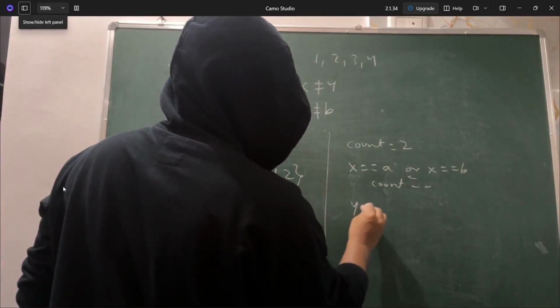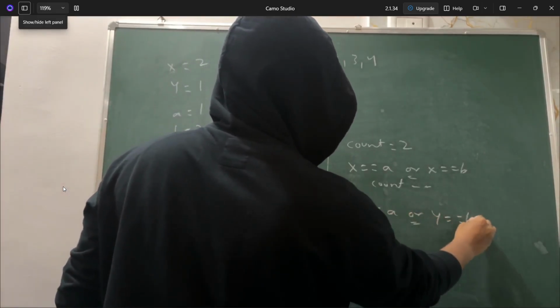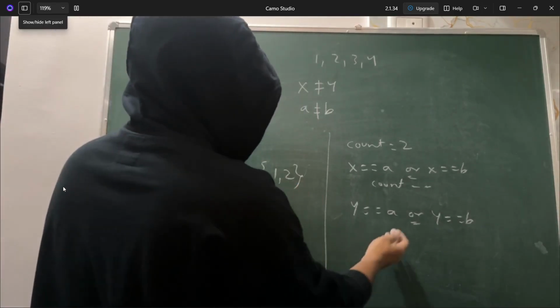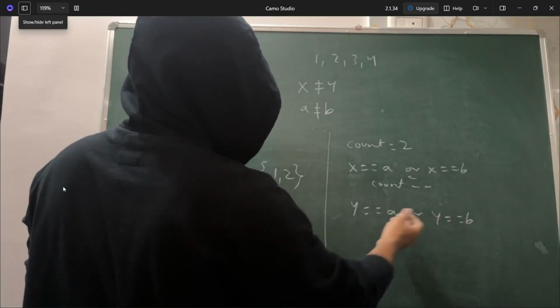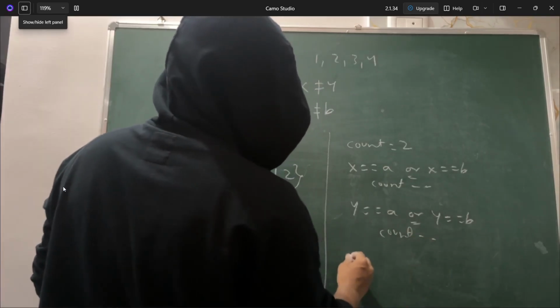One more we'll check is that y. If y is equal to a or y is equal to b, which means the category y in which chef is participating is also participated by his rival. So in this case also count will decrease, count minus minus, and at the end we'll have to print the count.